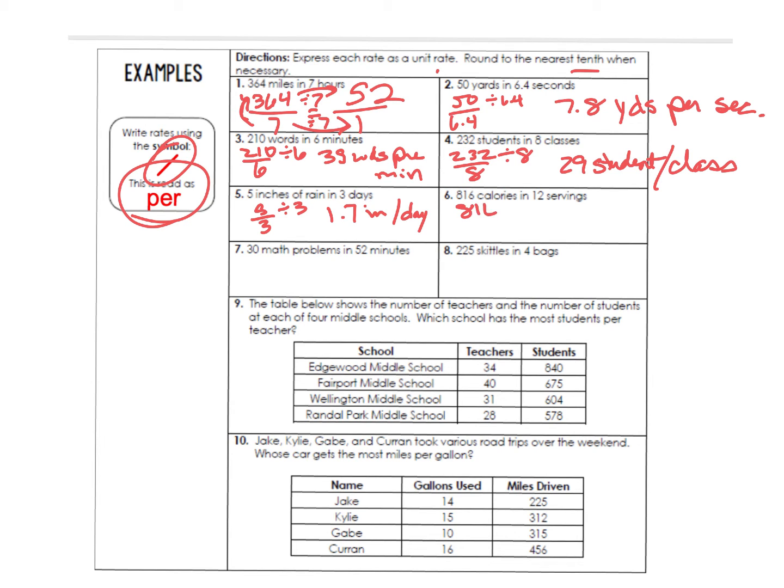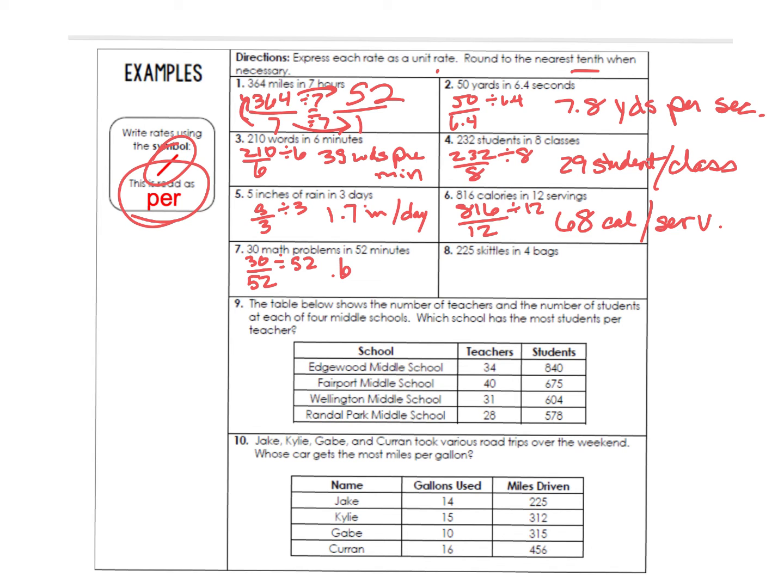Number 6, 816 calories in 12 servings. So I'm going to divide by 12. And that gets 68 calories per serving. 30 math problems in 52 minutes. Well, again, divide by 52. So that means it's going to be less than a math problem. But again, we're going to round to the nearest tenth.